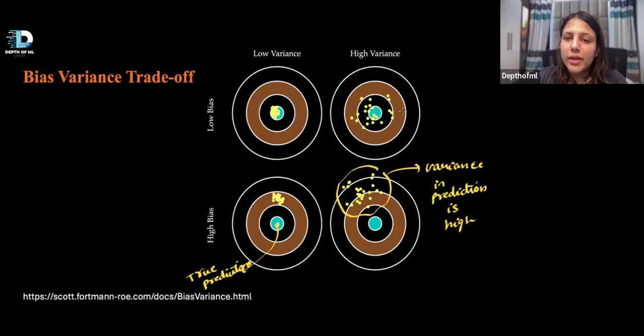Whatever you had in your training data, it's predicting closer to that. Obviously, there is a lot of scatter, so the variance is high, but the bias is low, right? And we usually aim for a model which has low bias and low variance. So this is to the point, the variance is less, and also it has low bias, so it's paying attention to the data whatever you have.